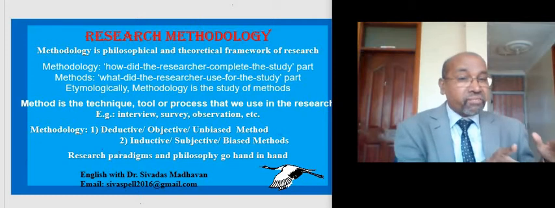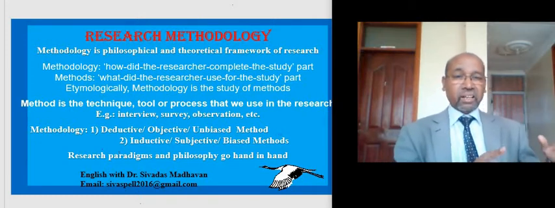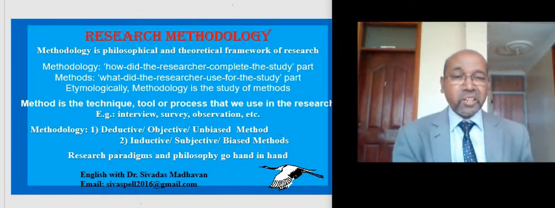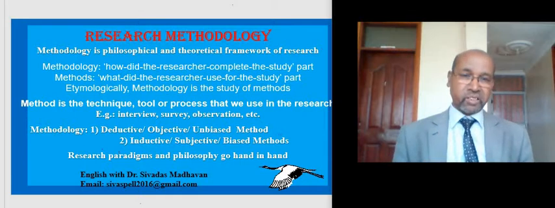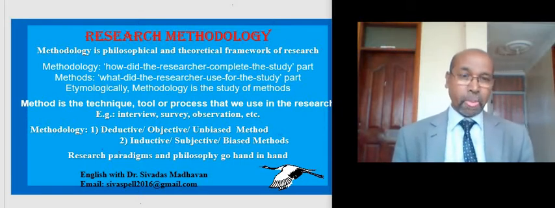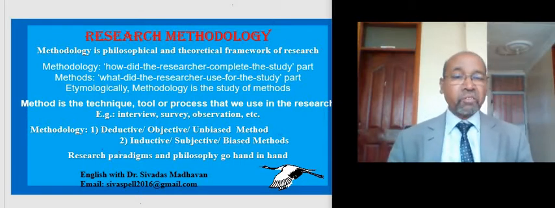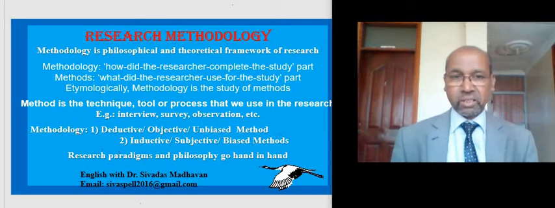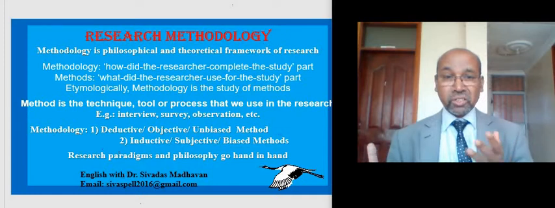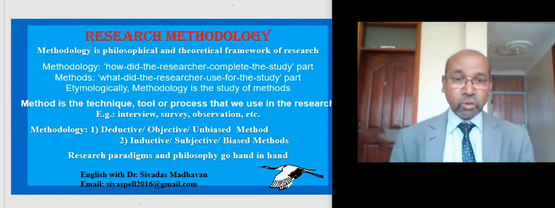But in the case of deductive method, that is objective method and unbiased method, because it is numerical and quantitative research. So both quantitative method and qualitative method will have different research paradigms. That's why the other day I told you research paradigms and research philosophy go hand in hand.